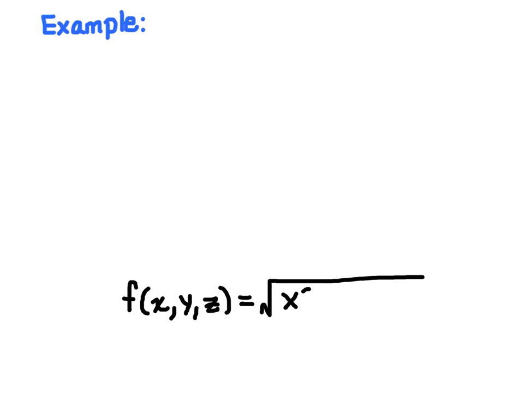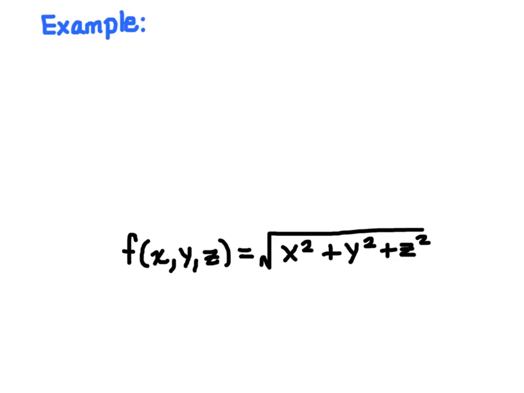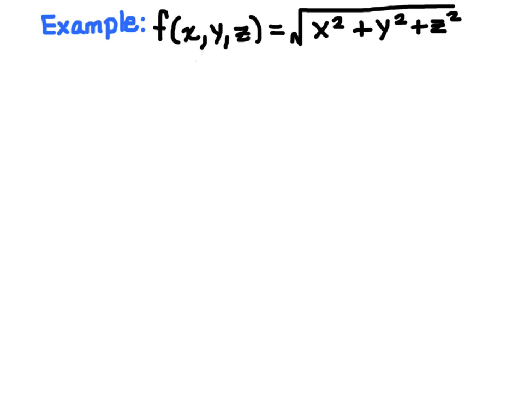In our next example, we have a function of x, y, and z, which is equal to the square root of x squared plus y squared plus z squared. The value of f is the distance from the origin of a sphere.